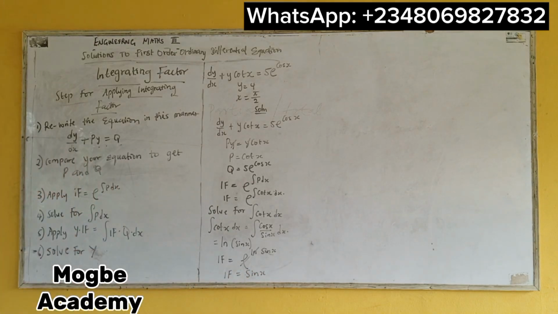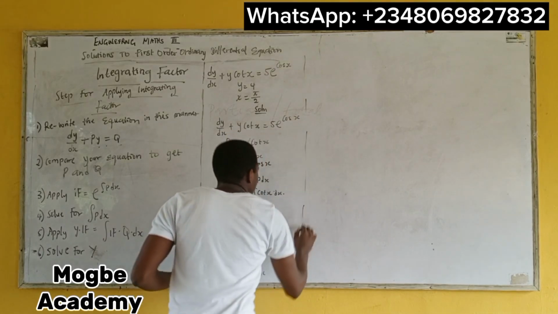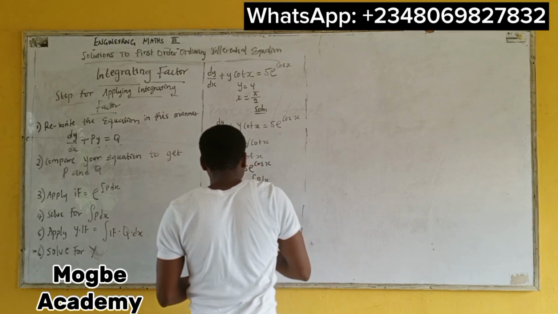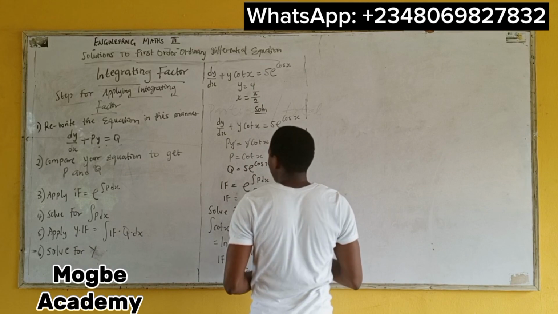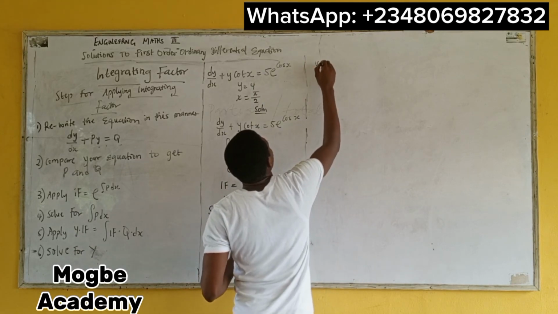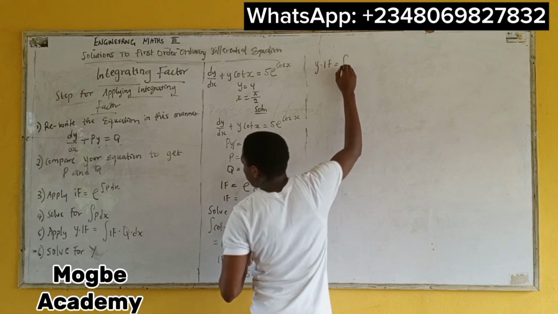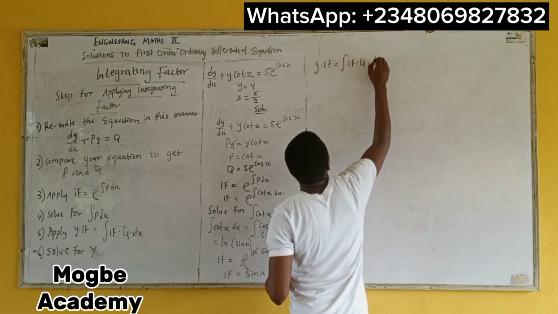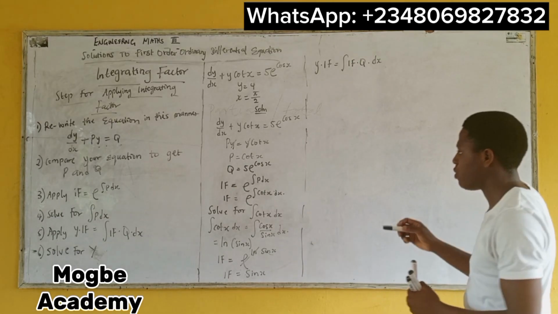So we've gotten our IF. The next thing is to apply the final IF statement, which is: IF times y equals the integral of IF times q dx. That's what we are using to solve this.